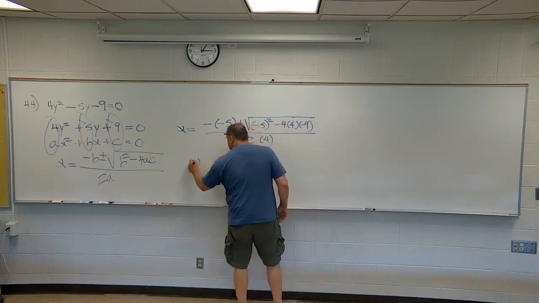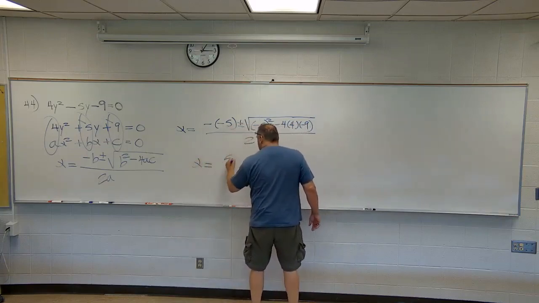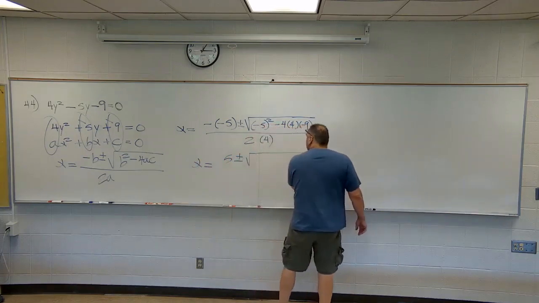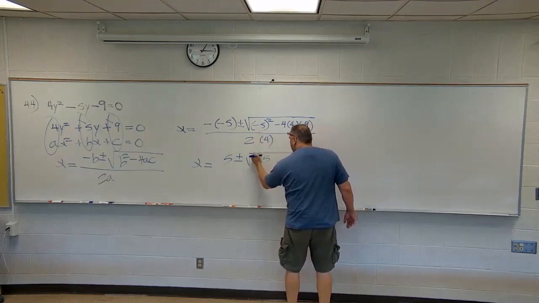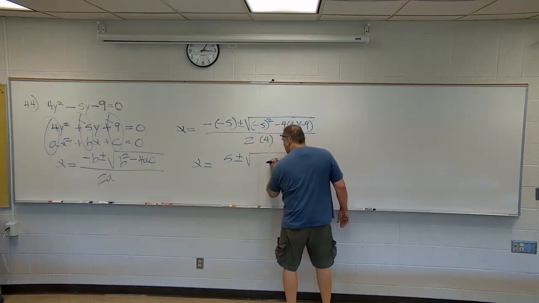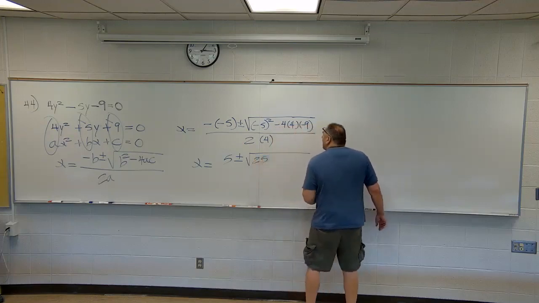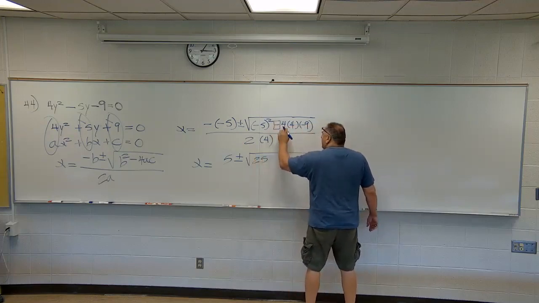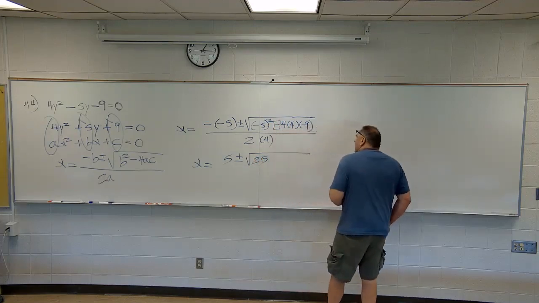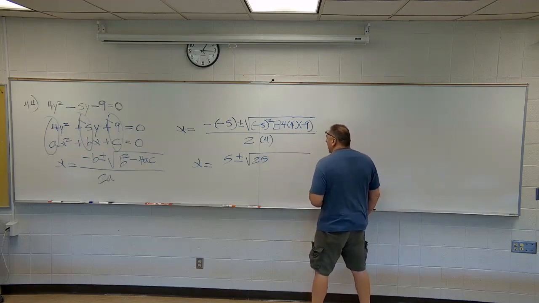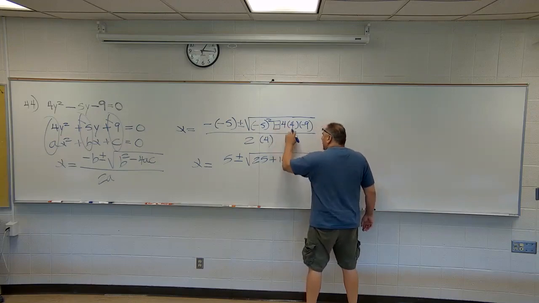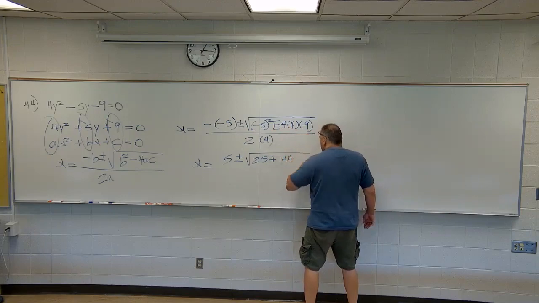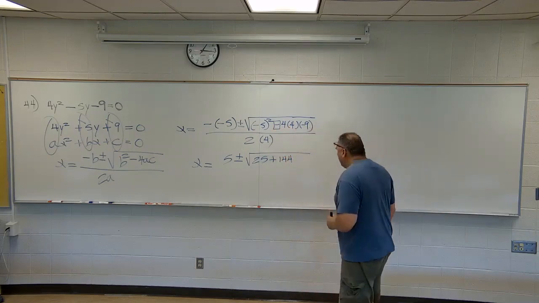Now let's see what we got. The opposite of negative 5 is 5. The quantity negative 5 squared is 25. 4 times 4 times negative 9: 4 times 4 is 16, times negative 9 is negative 144.